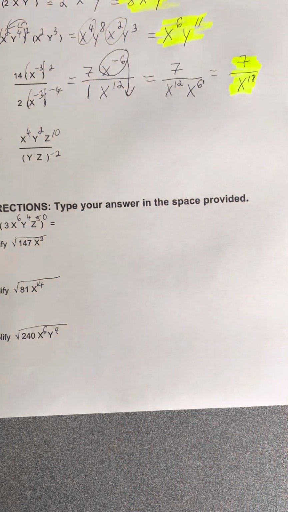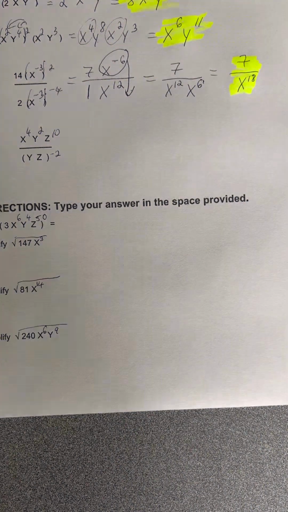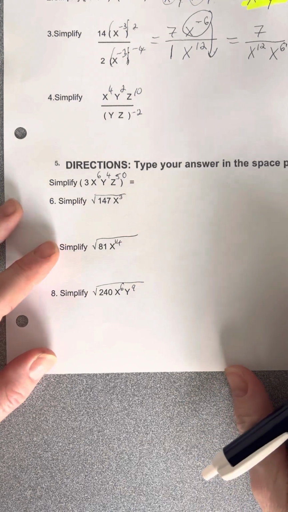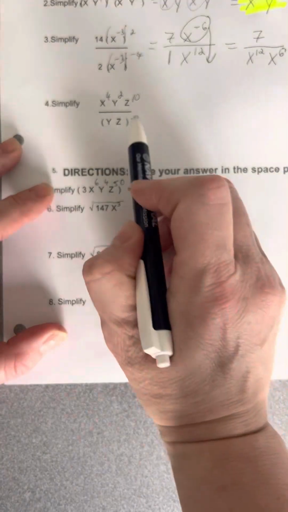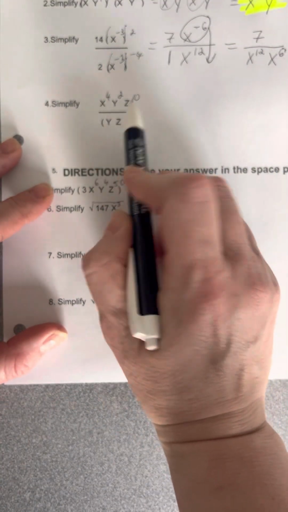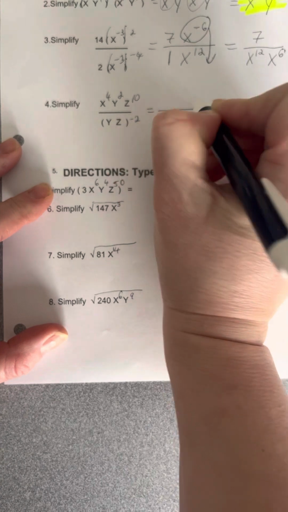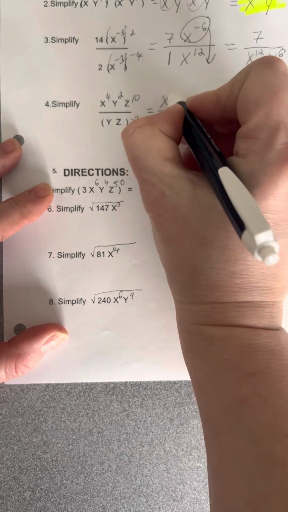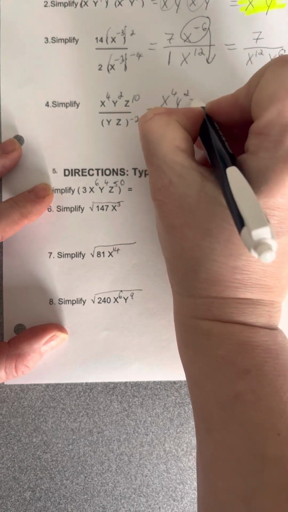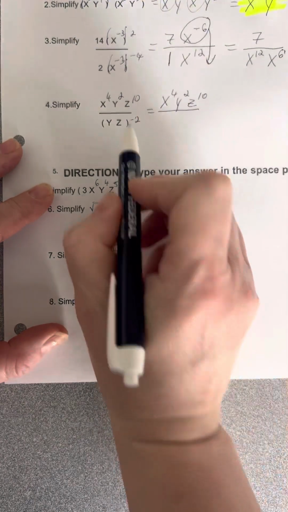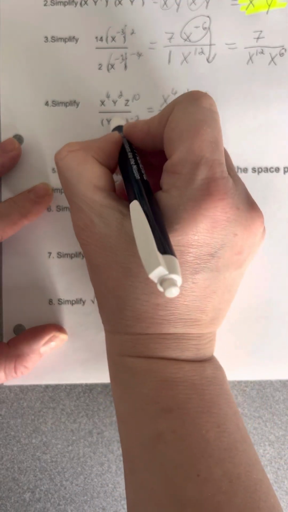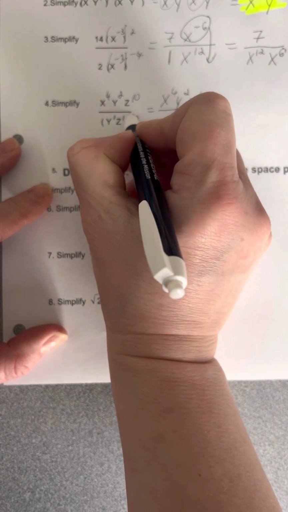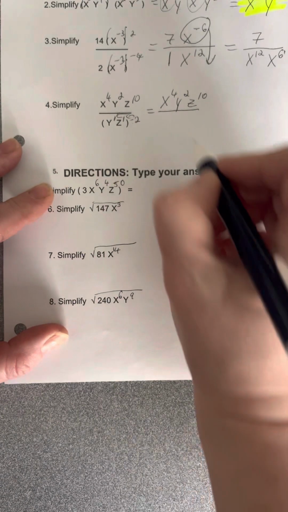All right. Number 4. On the top, we don't have any parentheses, so I'm just going to recopy it real quick. And the bottom, we have a negative 2, so I'm going to put my powers to the first power and distribute that negative power.